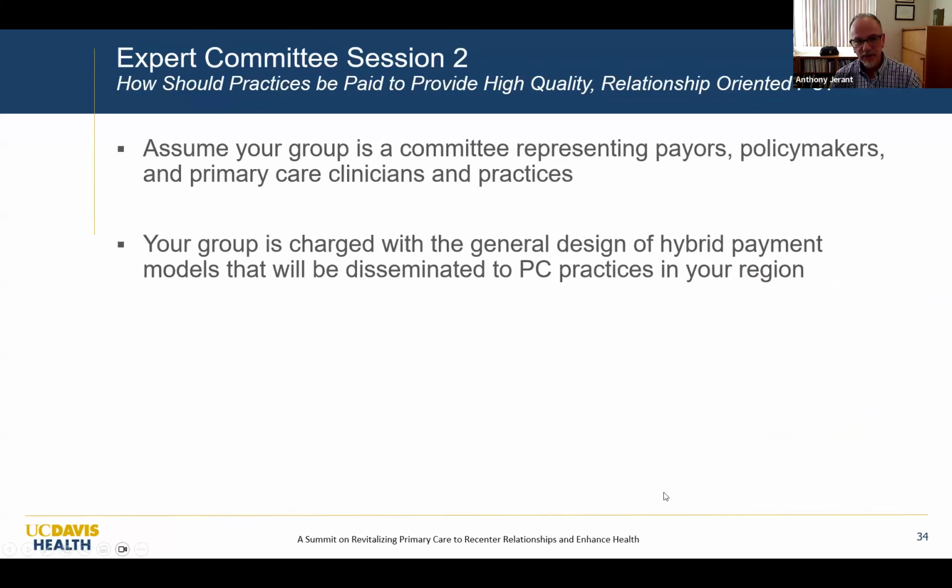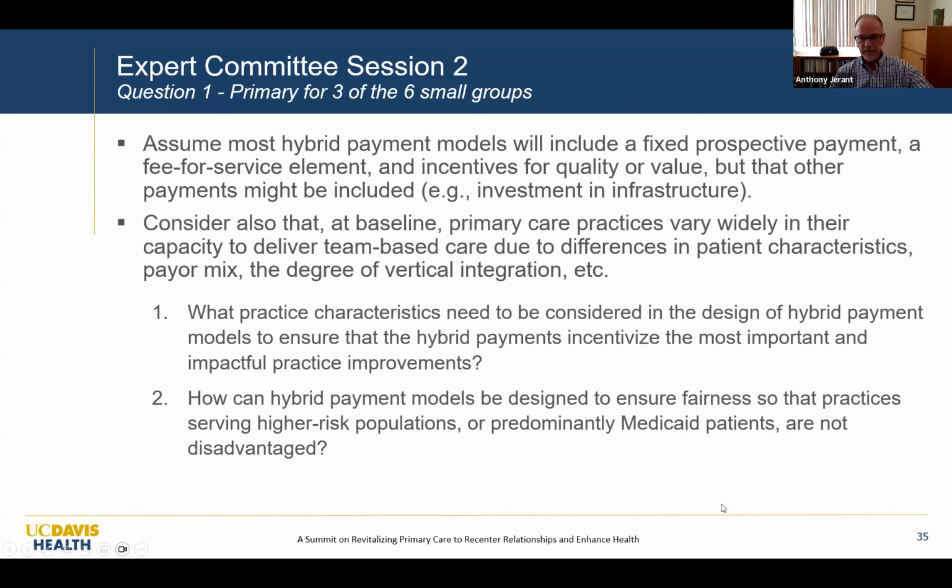Then the second session, which was the first real earnest working session, led by Josh Fenton, was this charge. They were given the charge to consider themselves as a committee who represented payers, policymakers, and PCPs and practices, and charged with design of hybrid payment models. They were given some basic assumptions.